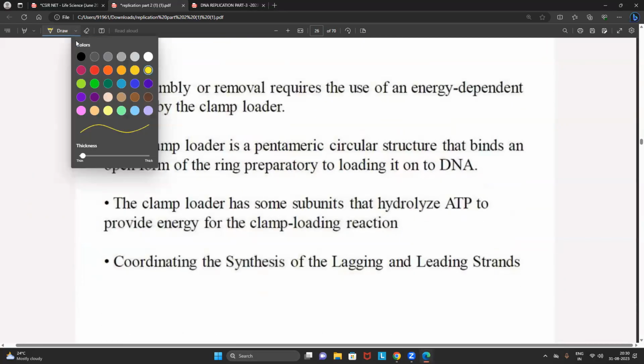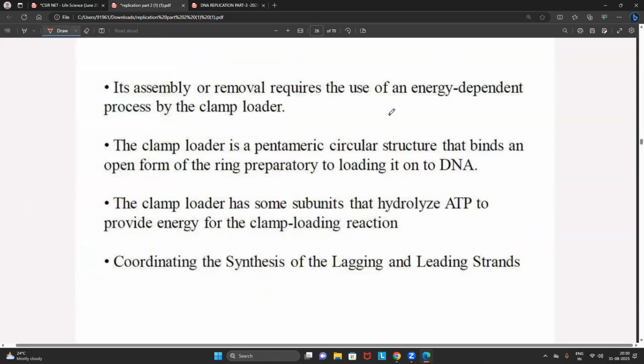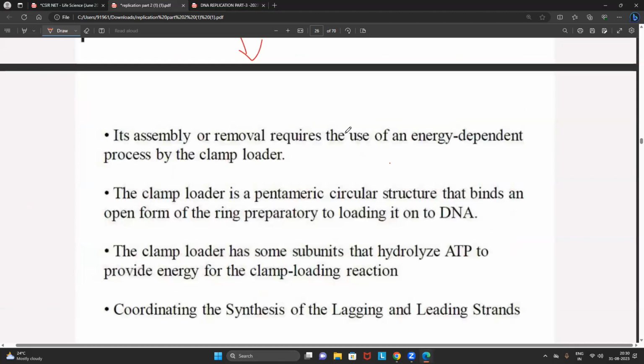Now listen, what I told all of you is a very important statement for the exam. They can give a direct statement in the exam: beta clamp association and dissociation is an energy independent process, which is an absolutely wrong statement. Every student keep the point in your mind. If the beta clamp wants to be placed on the DNA core enzyme, it compulsorily requires ATP.